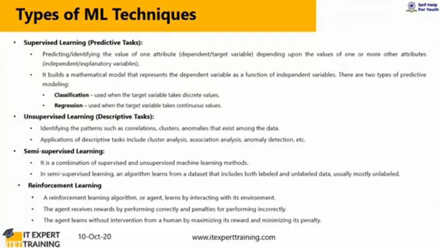You would have studied about continuous variables and discrete variables, right? If the target variable takes continuous values, you apply regression techniques. If it takes discrete values, you apply classification techniques.